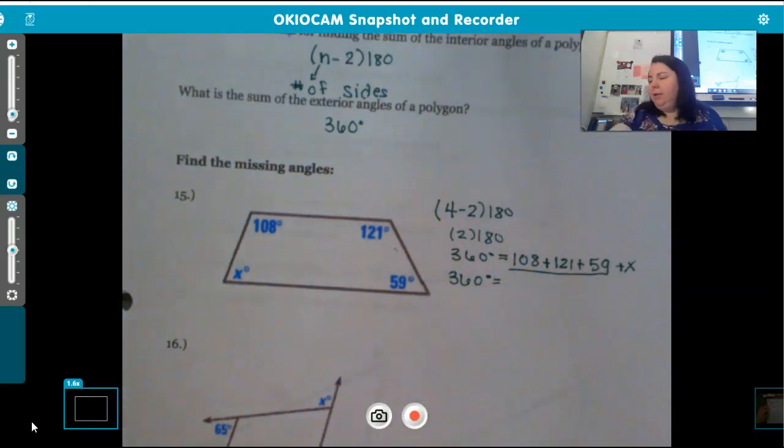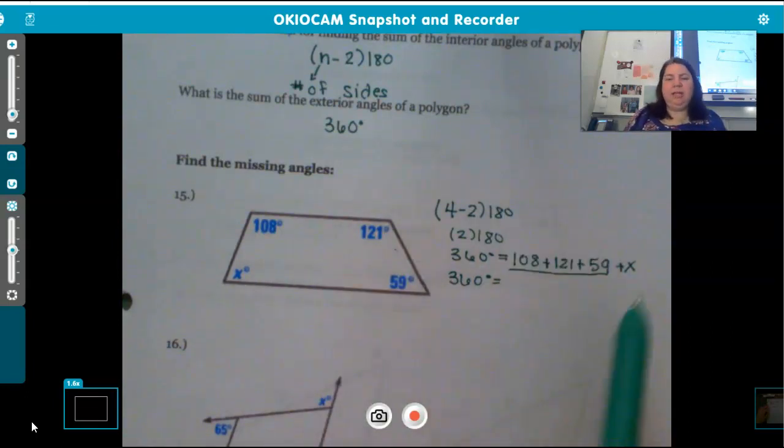So we bring down our 360. You got me there. So we're going to add these 3 numbers together. Stick that in your calculator. Tell me what you get. When we combine our like terms, when we add these together, what number do you get? Yes.